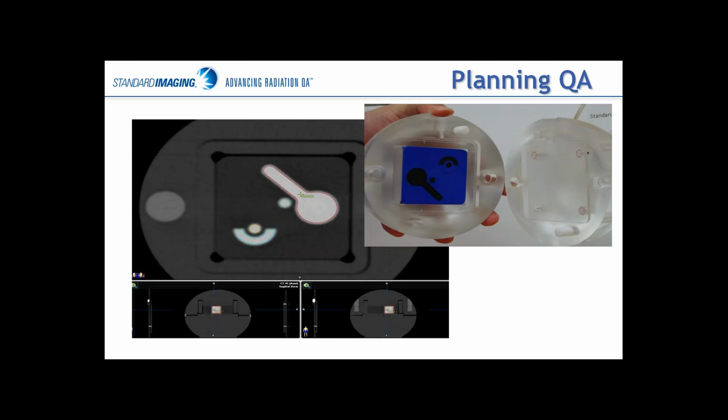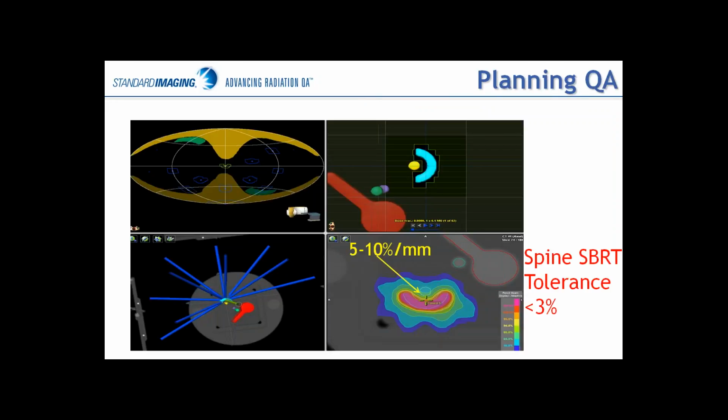And the goal of this test is to really look at how well your treatment planning system can contour those volumes. You can look at the measured volumes after you've contoured versus the known volumes, but then also how well does the dose conform to that particular target, accounting for that organ at risk right next to it.